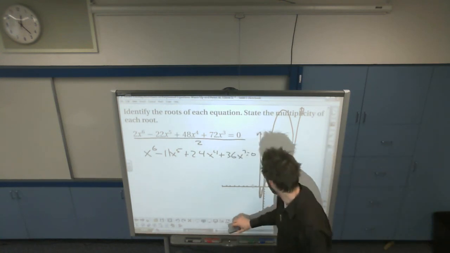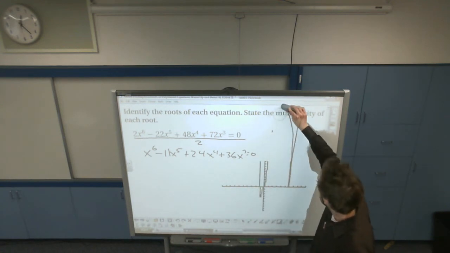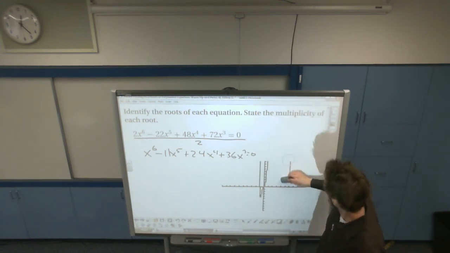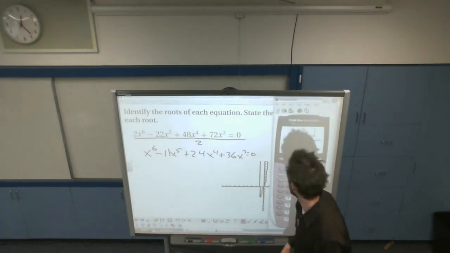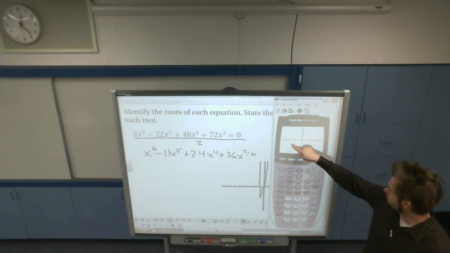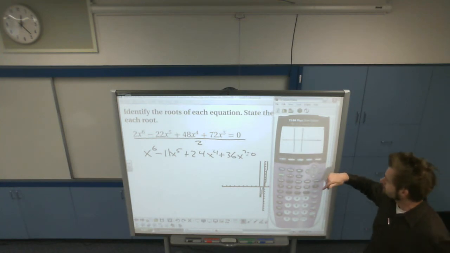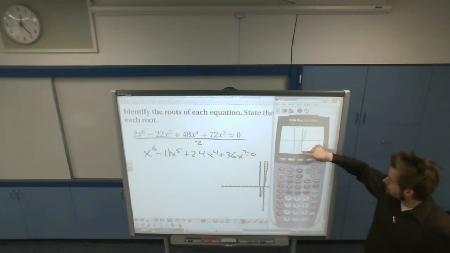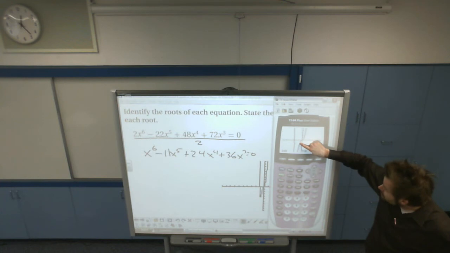So here's how we would pursue figuring out what's going on. The first thing we're going to do is take our calculator, and I'm going to zoom in a little because I would like a better view of what's going on in here. First of all, look. You see it crossing at -1? That's a root. Do you see it doing the bendy thing here at 0? Yes.